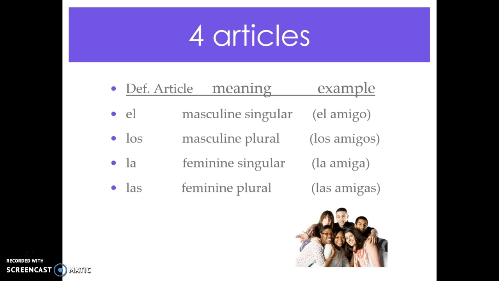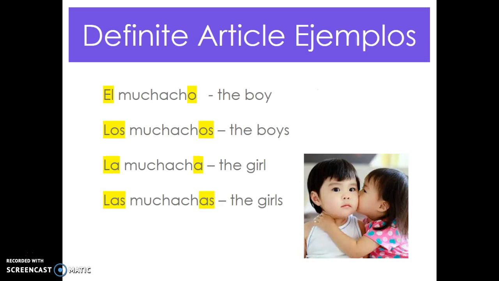What I mean by that is, if you look right here, I have some ejemplos for you. If I wanted to say the boy, it would be el muchacho. If I wanted to say the boys and wanted it to be plural, I have to change el to los. Los muchachos. See? El goes with o, los goes with os.